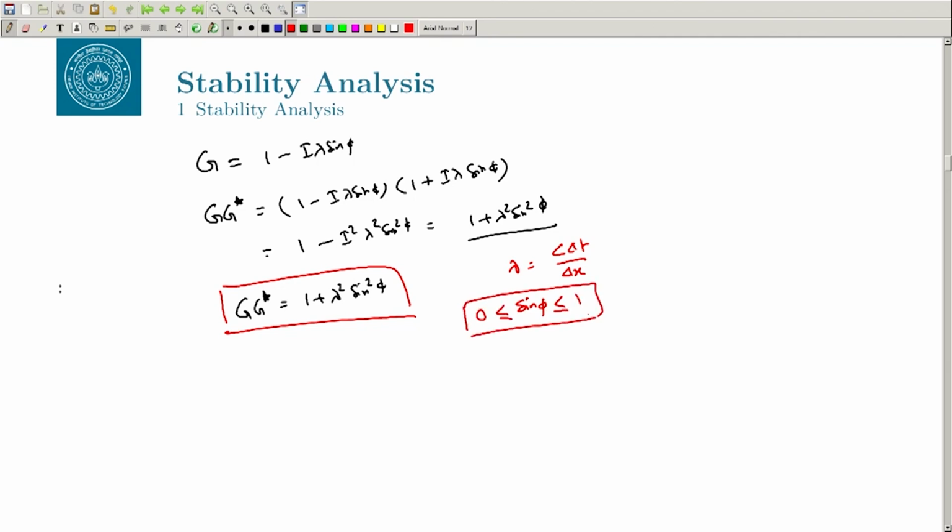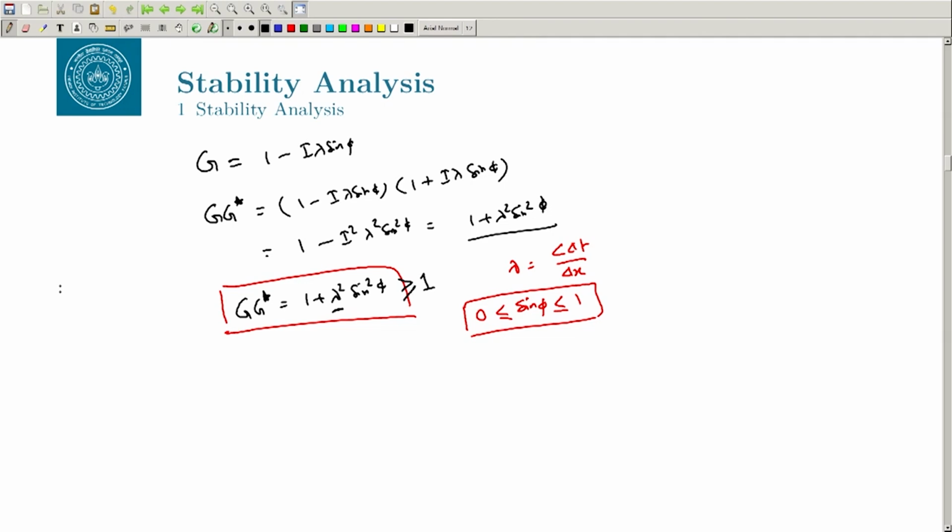That means this value, 1 plus lambda square sin square phi, will always be greater than basically 1. If sin phi is equal to 0, then it will be equal to 1, otherwise it will always be greater than 1.